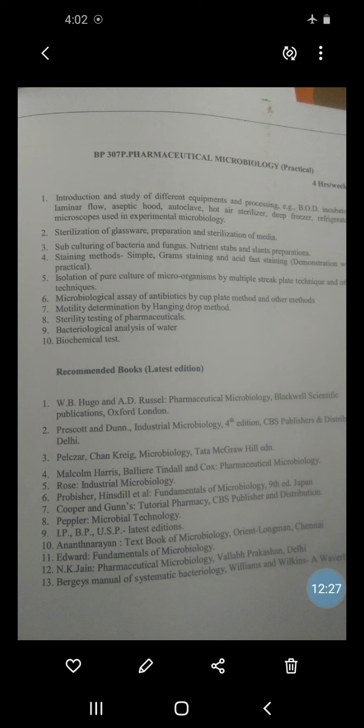And if blue colored cocci are arranged in clusters, then it is Staphylococci.